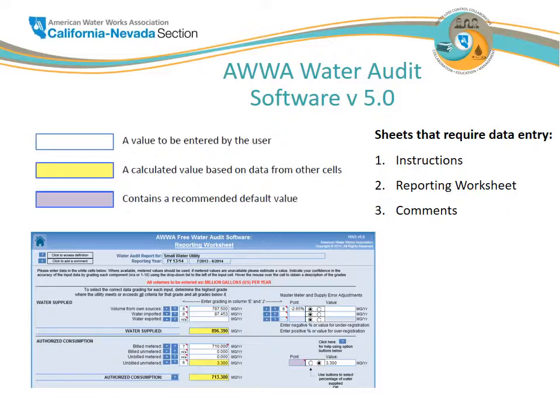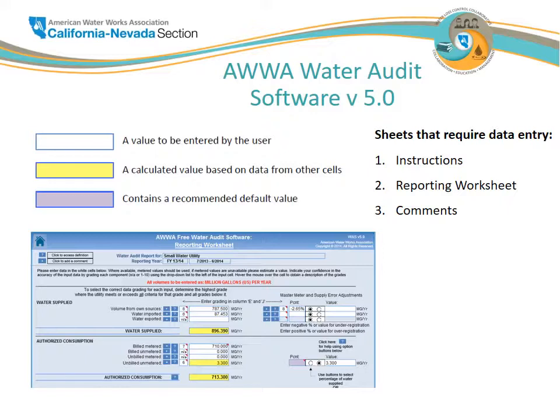There's a color-based legend to the different input cells. The white cells are values that require your data entry. The yellow cells are calculated for you. They're automatically calculated. The gray-purple cells contain values that you can use as a default in the absence of your own data.